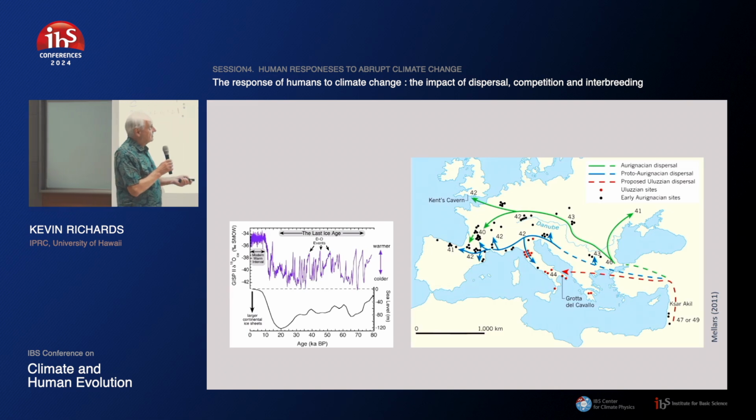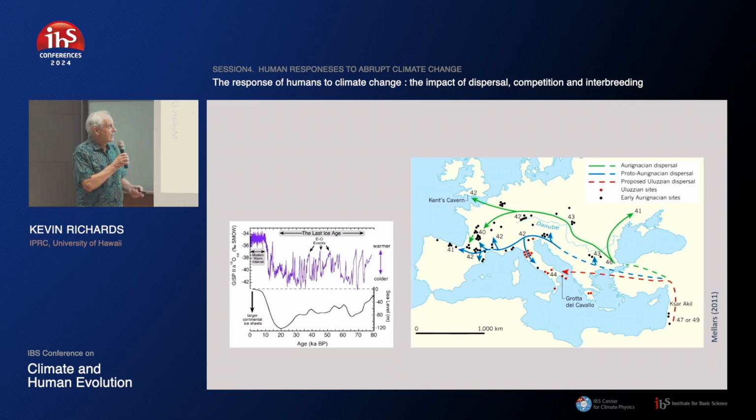While this was happening, of course, we know that there was climate variability, in particular these Dansgaard-Oeschger events with rapid warming and slower cooling in the system, and how much this influences the migration of Homo sapiens during this period needs to be assessed.